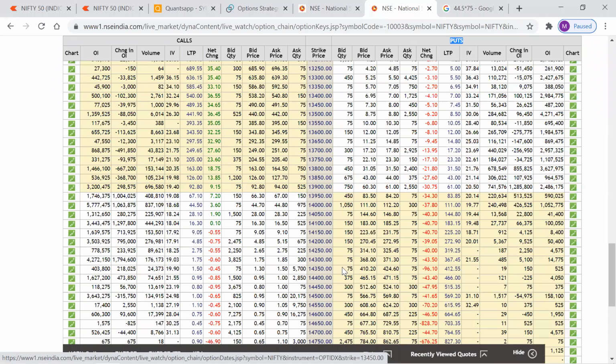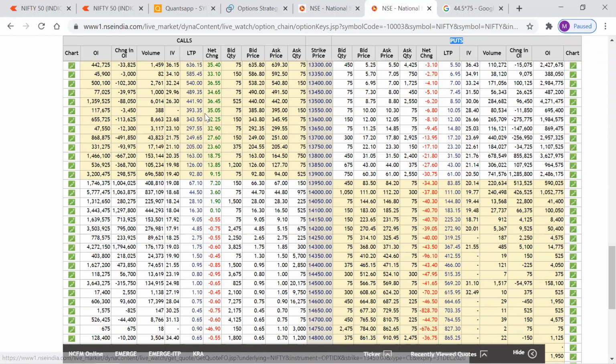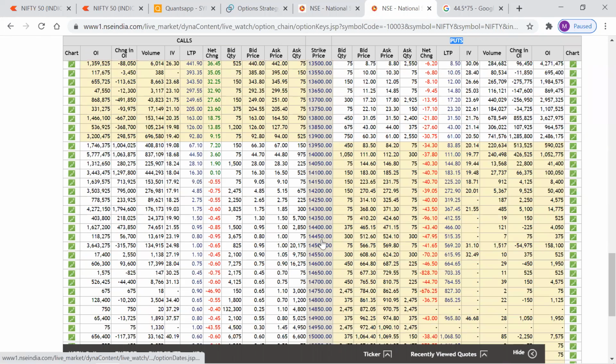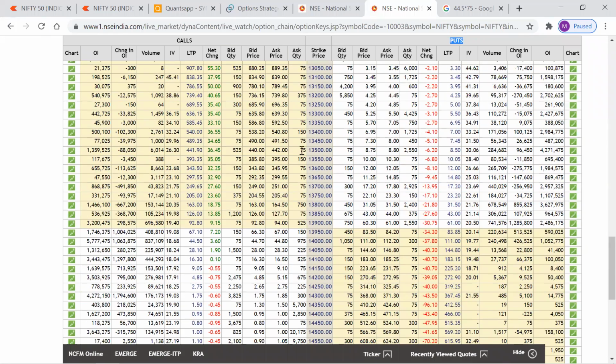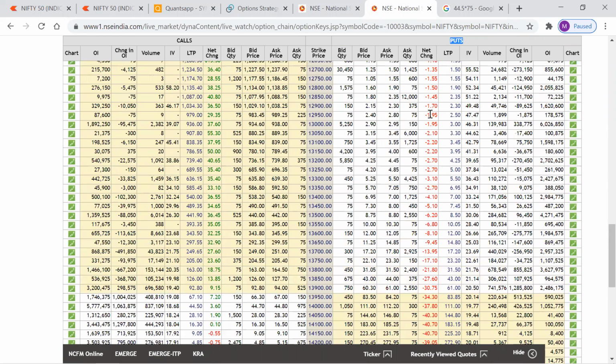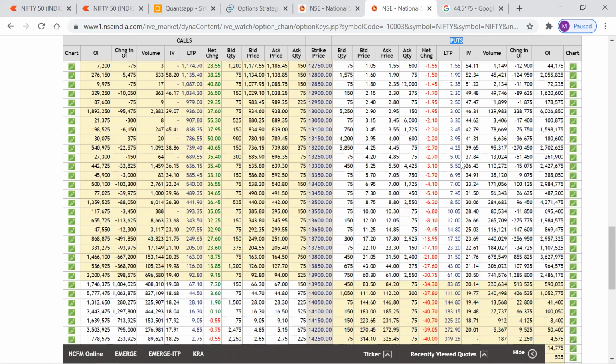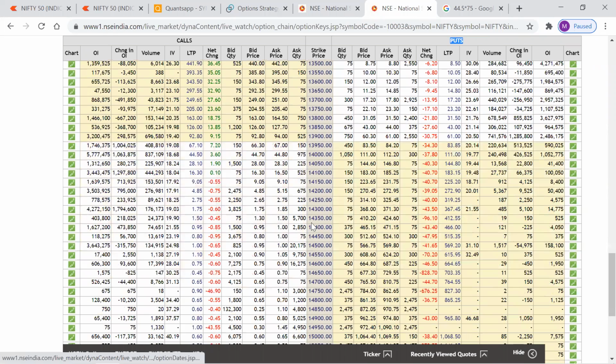I mean, if the strike 13,400 call is chosen, then that's in the money. Or if the strike 14,450 put is chosen, then it's in the money. If the strike 13,000 put is chosen, then that is out of the money. Or if the strike 13,350 call is chosen, then it's out of the money.